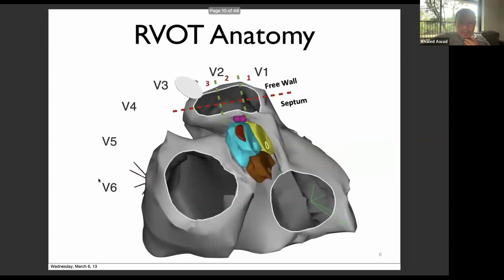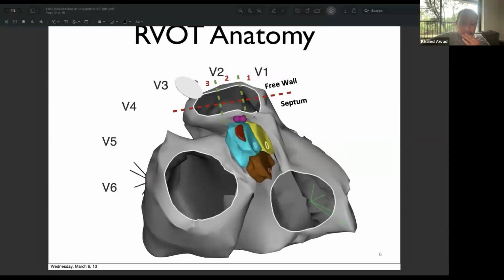So this is also important. Let's see this in a CARTO sound reconstruction. This is the left cusp, the highest one. The right cusp is a little lower. The non-coronary cusp is the lowest. The junction between the two is right here.